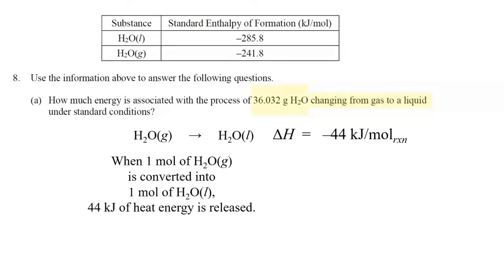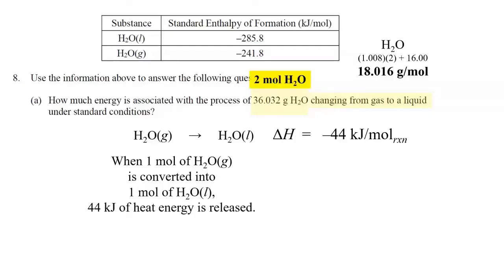On the periodic table, we know that the molar mass of H2O is approximately 18.016 grams per mole. So hopefully you can see that 36.032 grams of water is actually 2 moles of water.